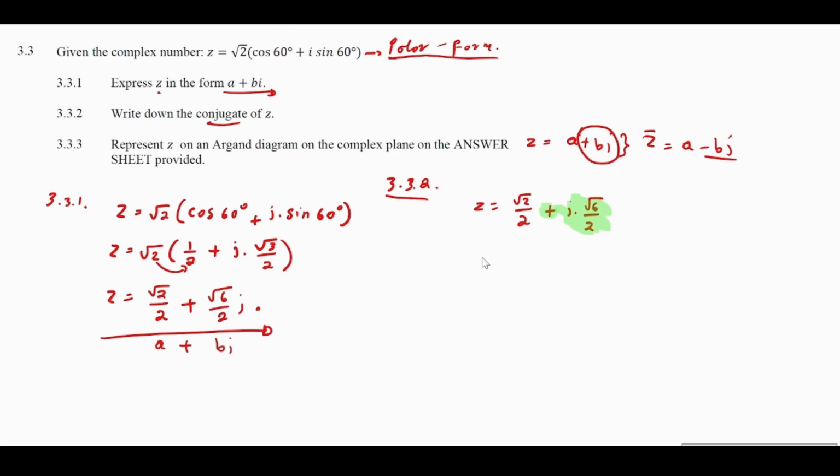So when we write it as a conjugate, it's going to be the square root of 2 over 2. It remains the same. That one doesn't change. But then what changes is this one. It becomes minus root 6 over 2 i. Yes, and this becomes our final answer over there.